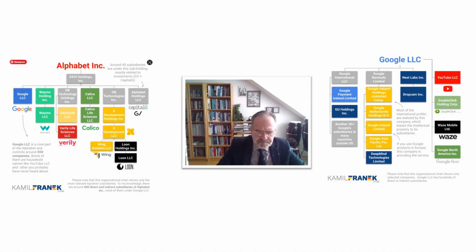Just to show you, this is a picture of what used to be Google and is now called Alphabet. The whole Google business was restructured and there is now one overarching holding, Alphabet Incorporated, and that Alphabet Incorporated holds the shares of all kinds of other holdings and limited liability companies, one of them being Google Limited Liability Companies, and in its turn Google Limited Liability Companies holds the shares in all kinds of other legal entities.